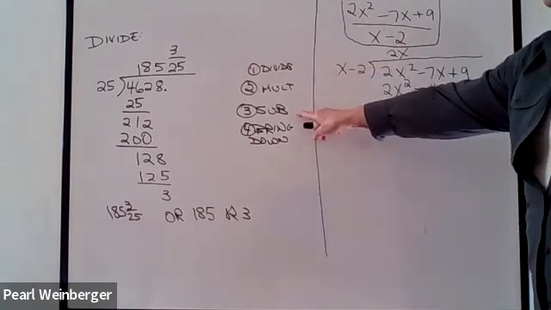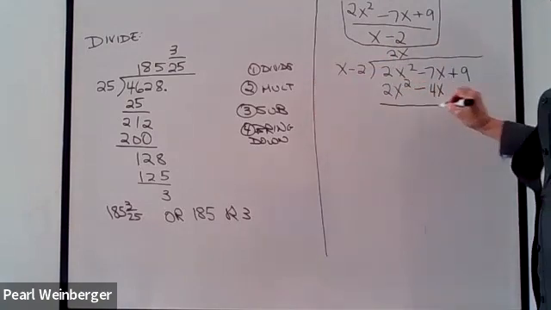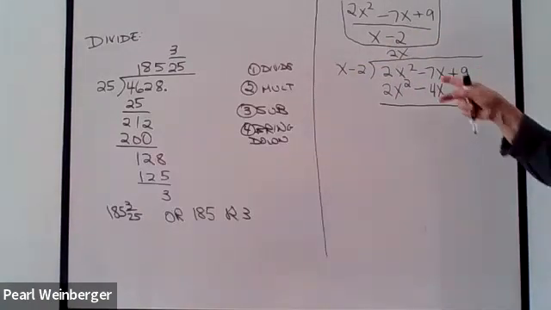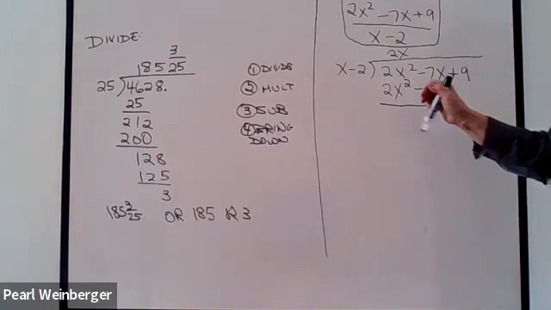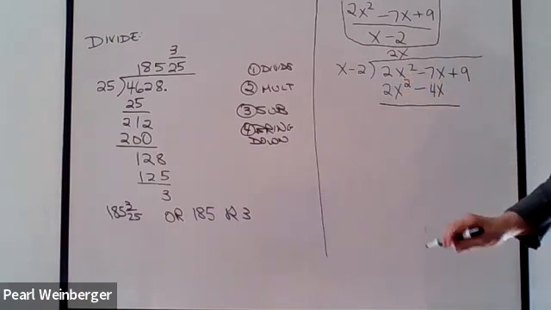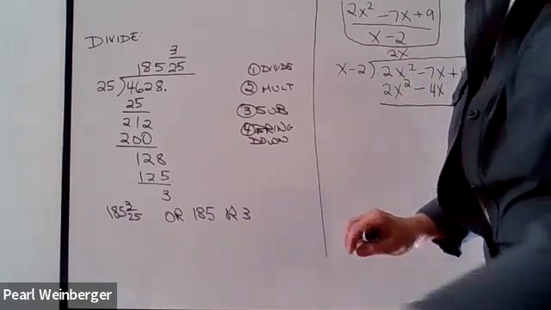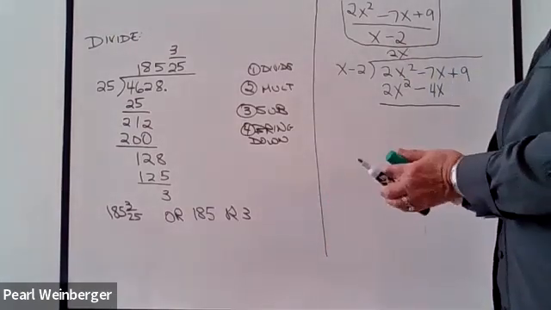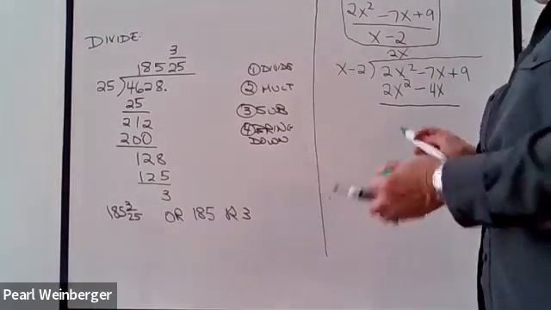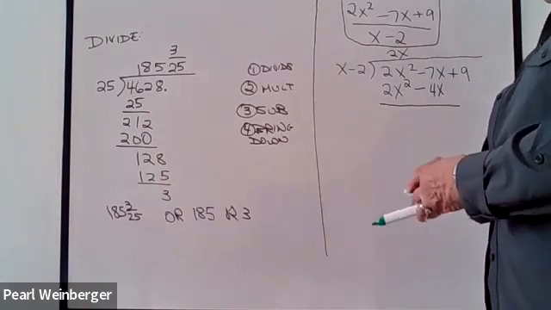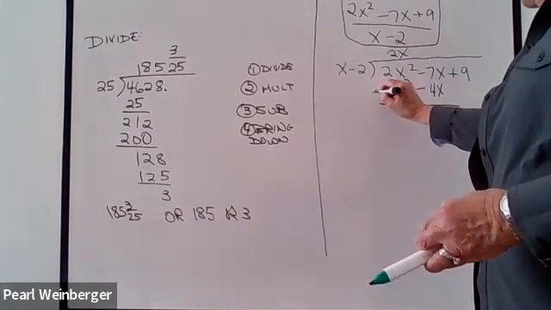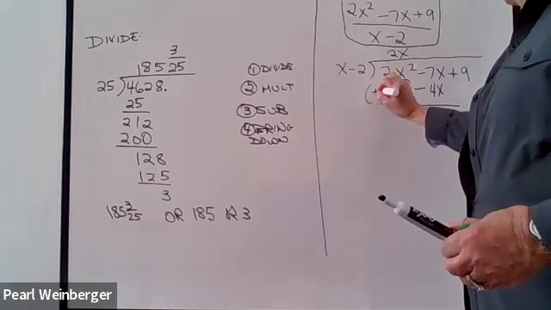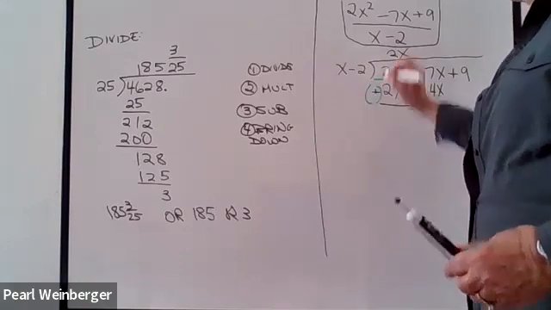Okay, after we multiply, we now have to subtract. Remember, we're subtracting. We have to be very careful because of these signs. So here's what I like to do. To make sure that I'm doing my subtraction correctly, I take the original sign, which in this case is a plus, and I remember one of the ways to do subtraction is to change the sign.